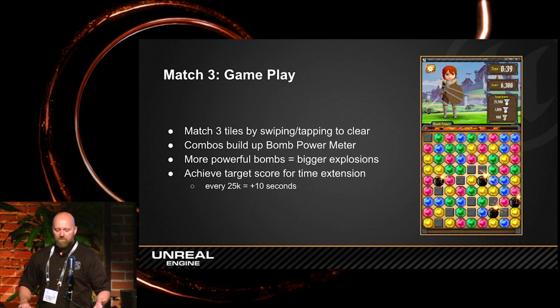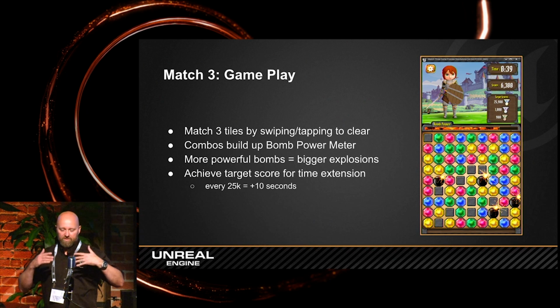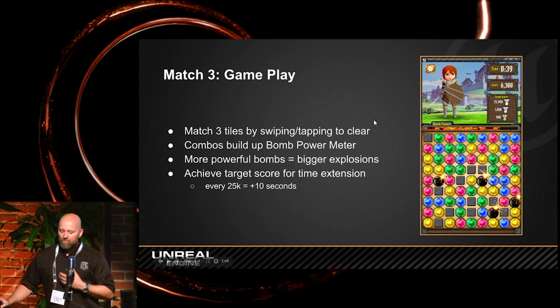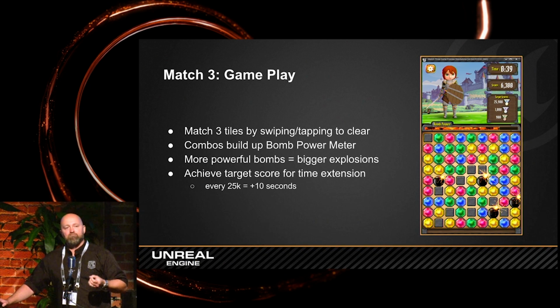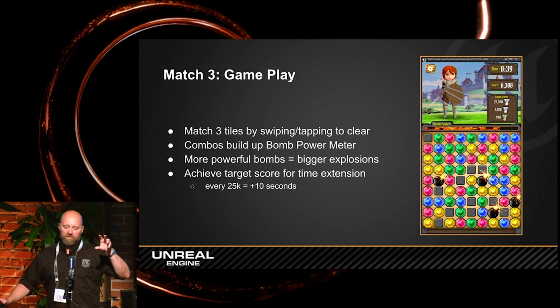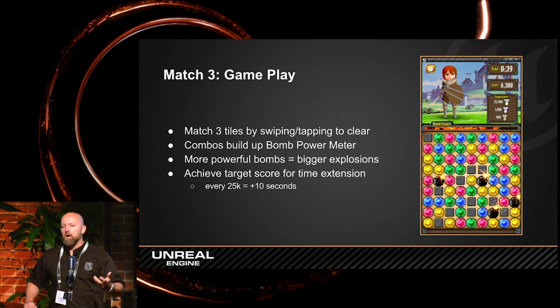Okay, so gameplay, standard Match 3 type of thing: touch a tile, touch another tile, match 3, and they explode. Every time you cause a chain reaction or a combo, we build up a power meter along the top, which supplies energy to the bombs that are also littering the field. The more power in the meter, the larger the explosion, the greater chance of a greater score and combo to occur.